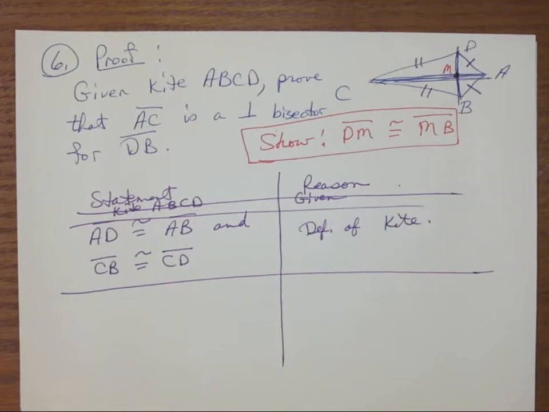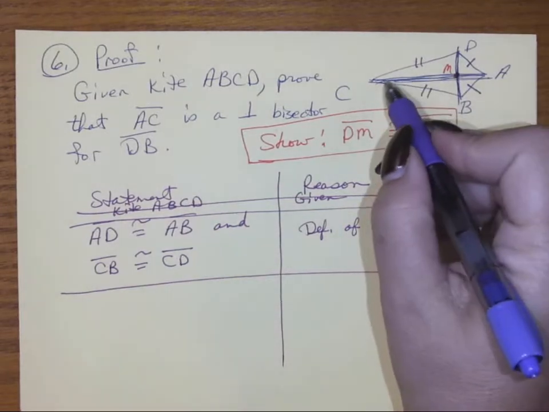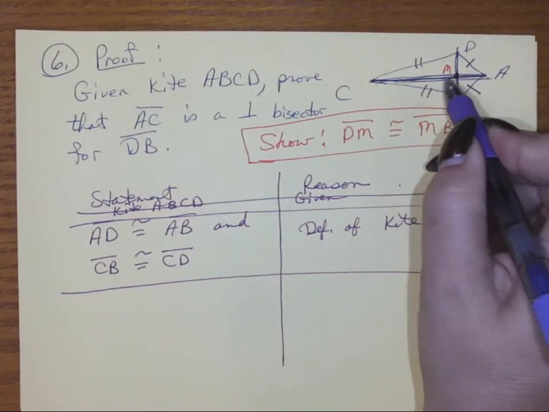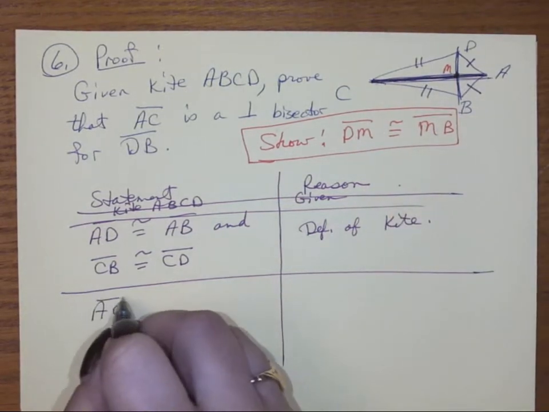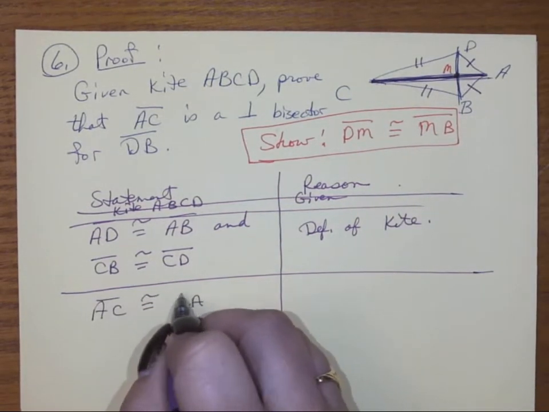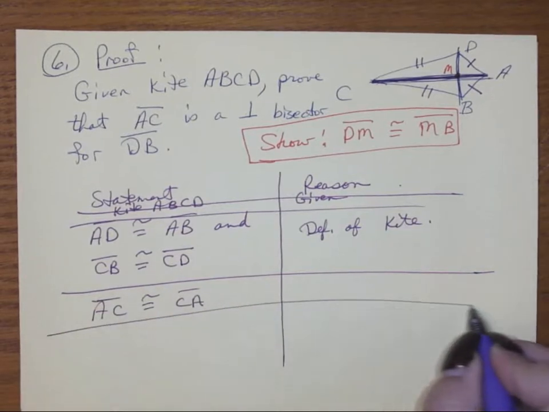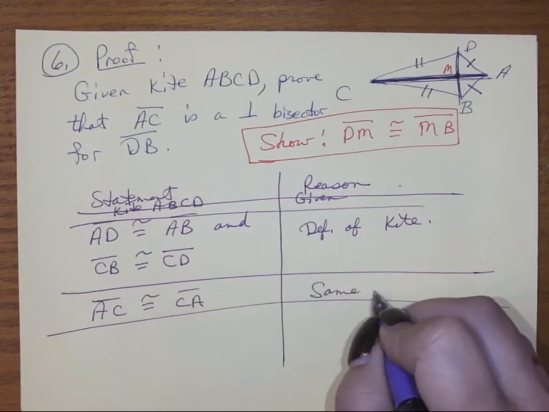I also know that, well, let me take a step back here. This whole entire diagonal AC is congruent to itself. We'll call it CA, right? I know that because it's the same segment.